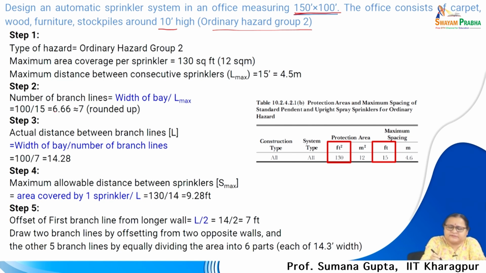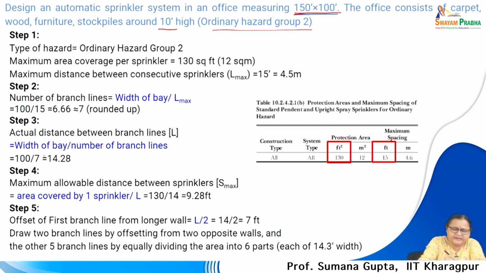Because my length is 100 feet on one side, on the other side 150 feet, and my maximum distance is 15 feet, 100 feet divided by 15 or 7 feet rounding up will be my distance between the sprinklers, and the width of the bay for each of them, if I consider 7 numbers.